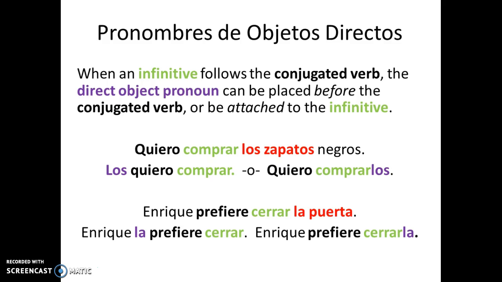You have learned that direct object pronouns are, as a general rule, placed before the conjugated verb in a sentence, or the direct object pronoun can be attached to the end of an infinitive verb as long as the infinitive verb follows the conjugated verb in the sentence.